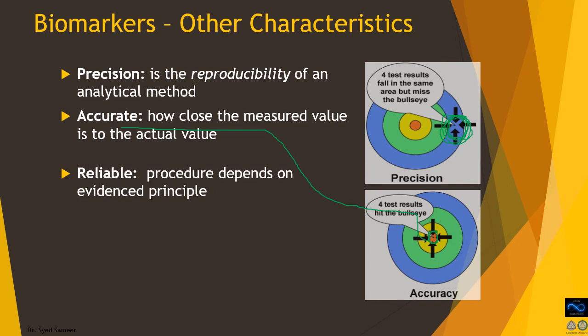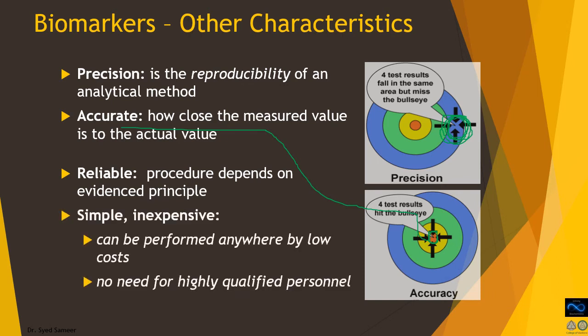Then there is reliability. Is the procedure based on evidence principle or not? There is an association between the procedure which we do for the biochemical testings. In the case of biomarkers, the biomarker is based on evidence principle as well. Then other things are simplicity and inexpensiveness, which is prime in choosing a biomarker for the detection method.